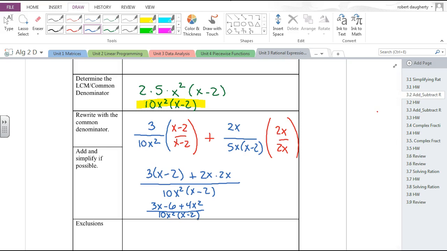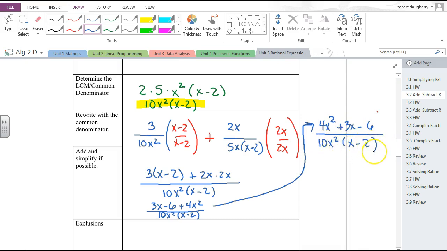So I'm going to write it over here where I have a little bit more room. So I've got 4x squared plus 3x minus 6 over 10x squared times x minus 2. Now, is that as simple as it gets?